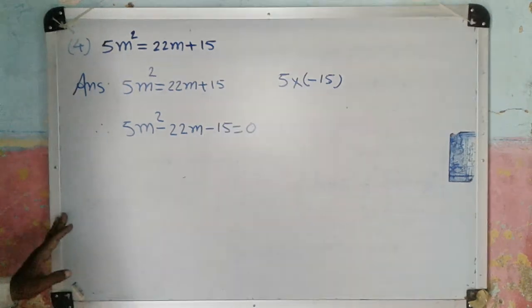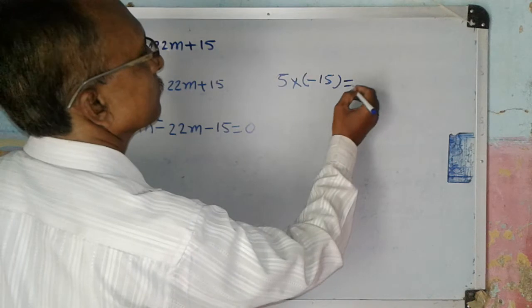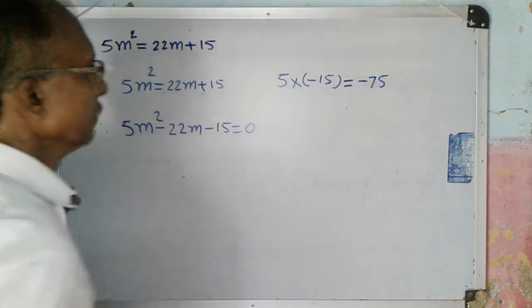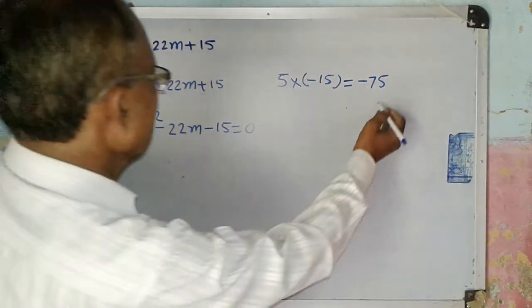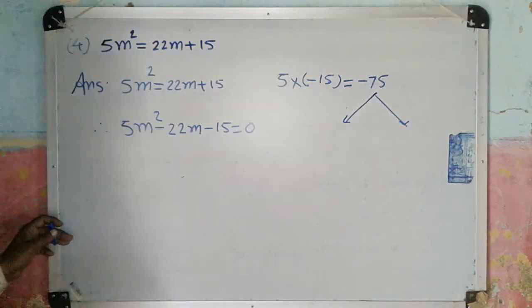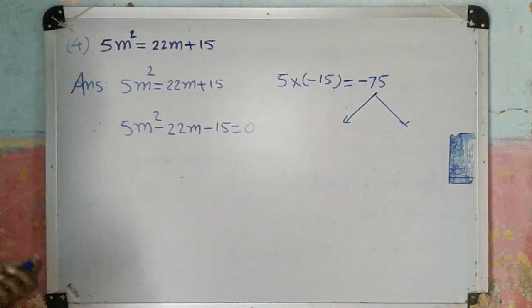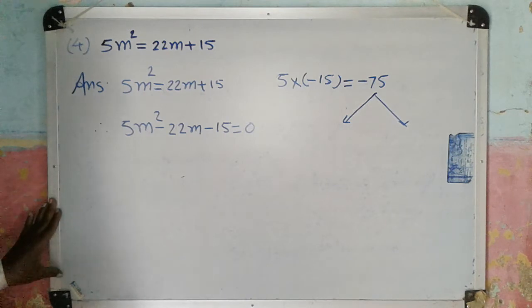So this product is minus 75. Now find the factors of minus 75 such that their sum is minus 22. That means the sum should be equal to the coefficient of the middle term.